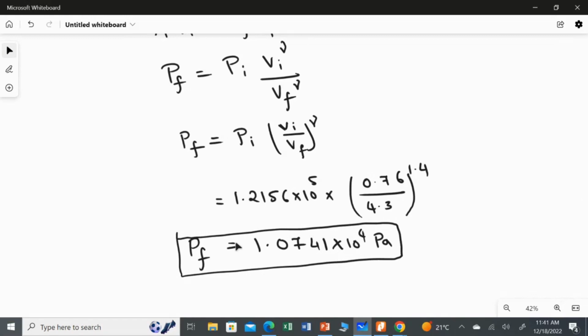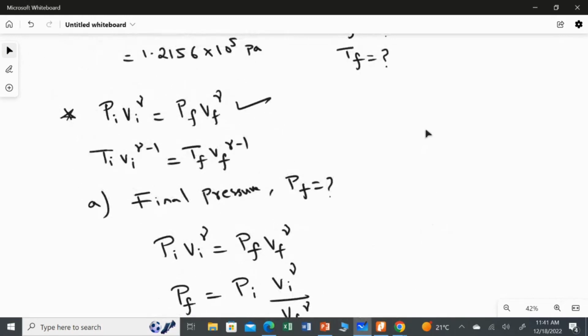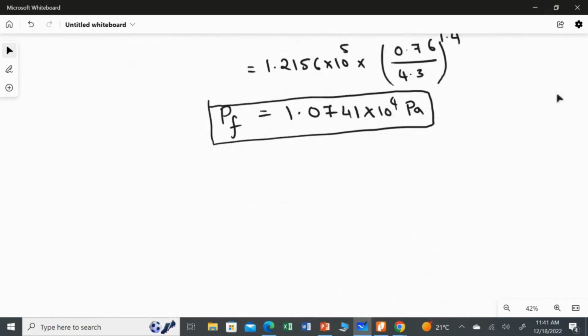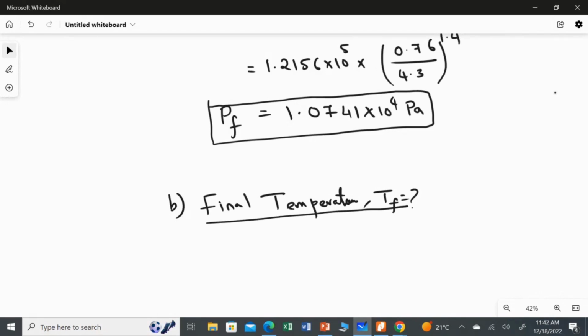Clear? Okay. Now we are going to find the second answer, which is the final temperature. For this, I am going to use this relation. So in part B, we are going to find the final temperature, which is Tf. For that, I am going to use this relation Ti Vi to the gamma minus 1 equals Tf Vf to the gamma minus 1.